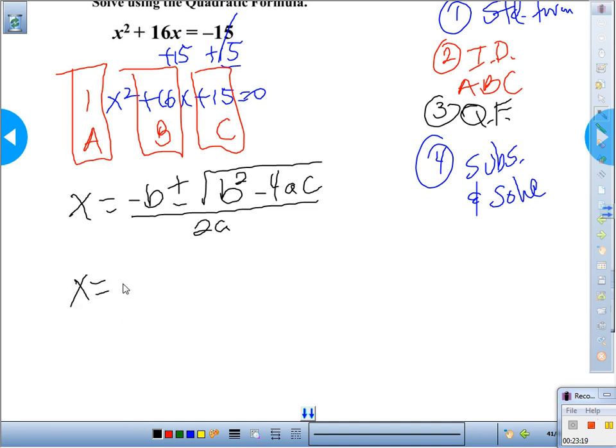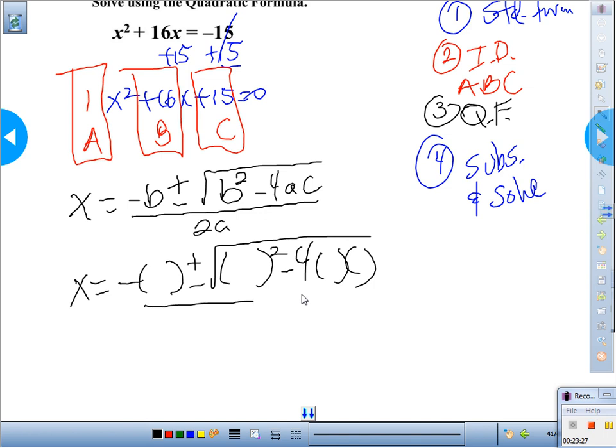X equals minus parentheses plus minus square root parentheses squared minus 4 parentheses over 2 parentheses. Why, Mr. Q? Because the most common mistake is made right here. There's a negative next to the b. If the value of b is a negative number, some people forget that, and if you get that wrong from the beginning, the whole thing is wrong.